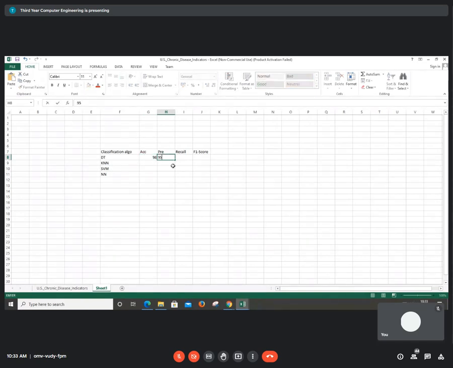98, let's say 95. I will insert some values with it: 89, 74, 92, certain random values. We don't have any meaning for those values. Just copy and paste this value again as it is.